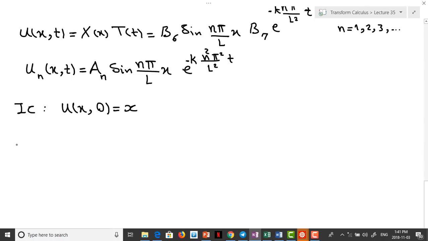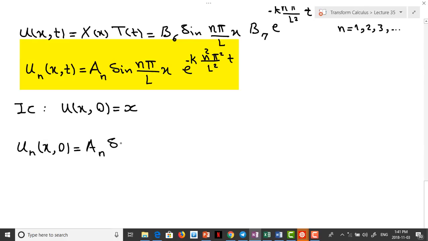So in our solution, we have un of x and t is equal to an sine n pi over lx times e to the power of minus k n squared pi squared over L squared times t. Let's find un of x and 0. It's equal to an times sine n pi over lx times e to the power of 0. E to the power of 0 is equal to 1.